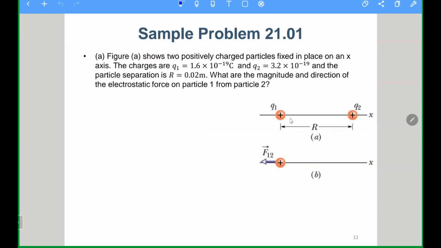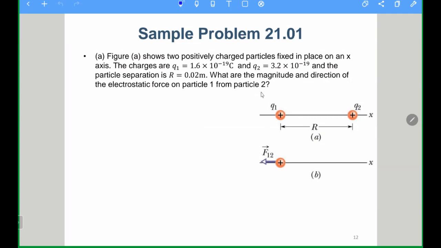So here you can see Q1 and Q2, and the particle separation is capital R equals 0.02 meter. So this is capital R. And what are the magnitude and the direction of the electrostatic force on particle 1 from particle 2?